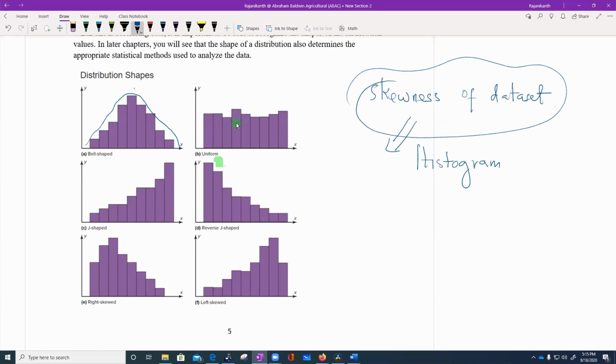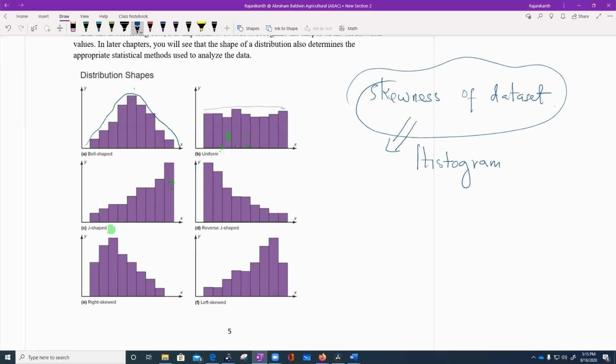Now the next one, all the blocks are almost the same height, almost, not exactly. If all the heights of the blocks in your histogram are approximately the same, then we call that kind of distribution of your raw data a uniform distribution.